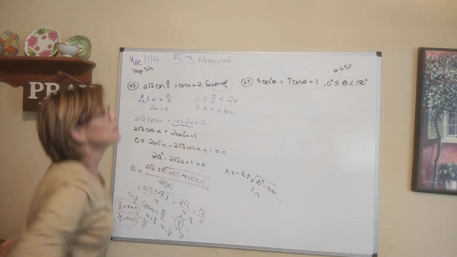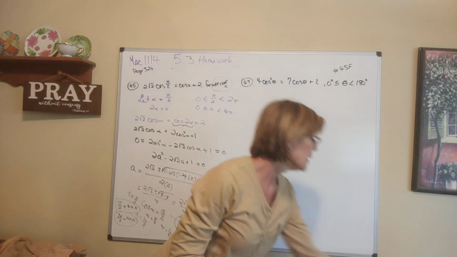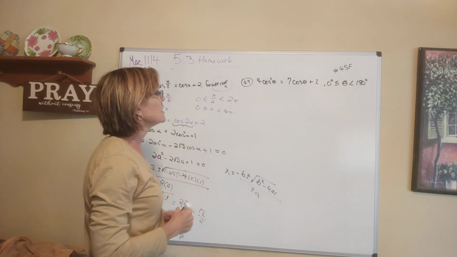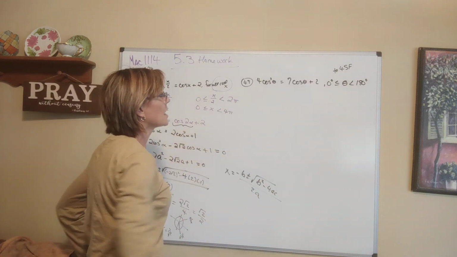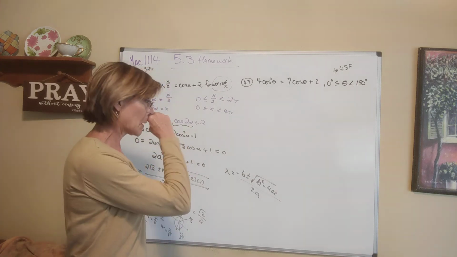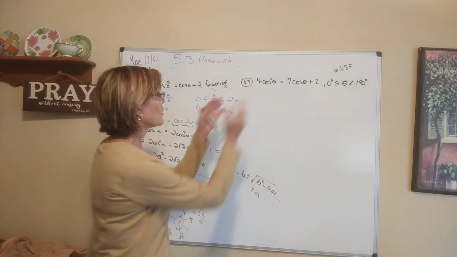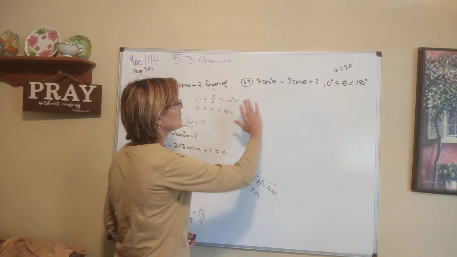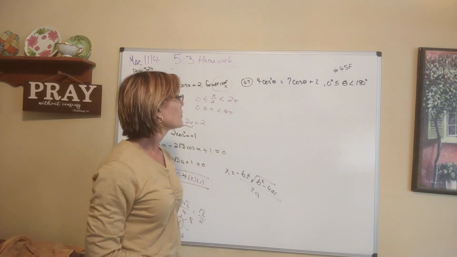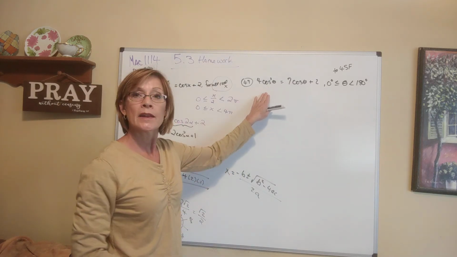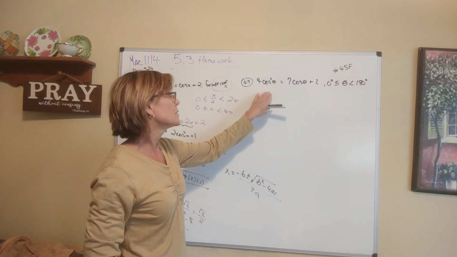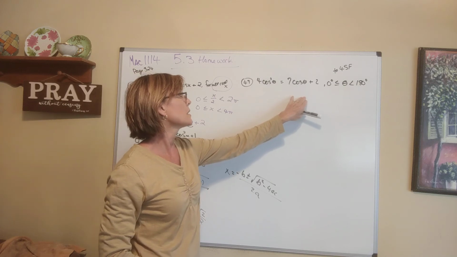Okay, let's do this one. This one does not have double angles in it. It just has cosine, one trig function, and all of the angles are named theta. And so we're going to solve this for cosine of theta. So this is a quadratic in nature. 4 cosine squared of theta equals 7 cosine theta plus 2.